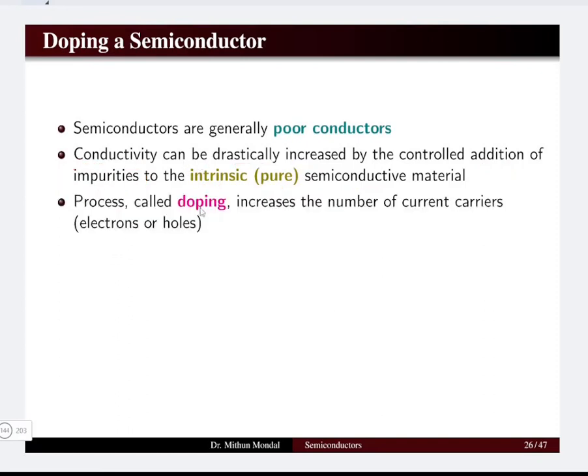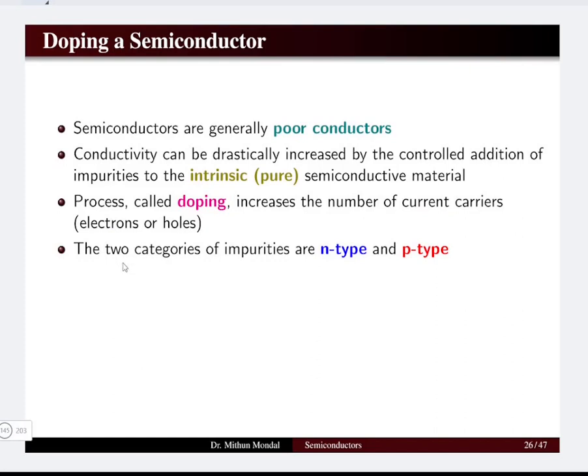This process of adding the impurity is known as doping. On adding the impurity, it will increase the current carriers, that is the electrons and the holes. So current carriers may be in the form of electrons or holes, as we have learned in the previous lecture. The process by which the impurities are added is known as the principle of doping.